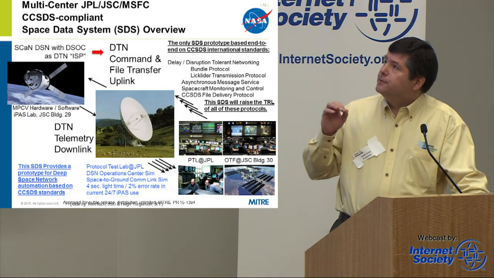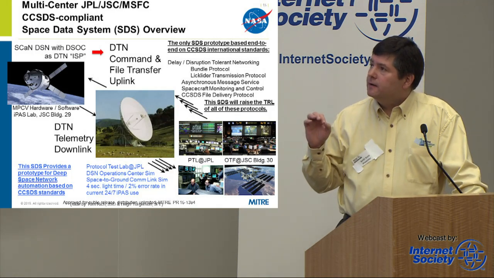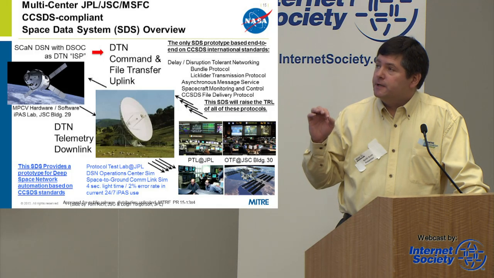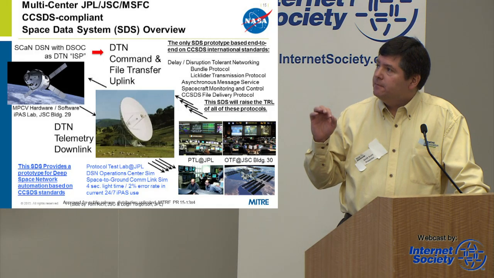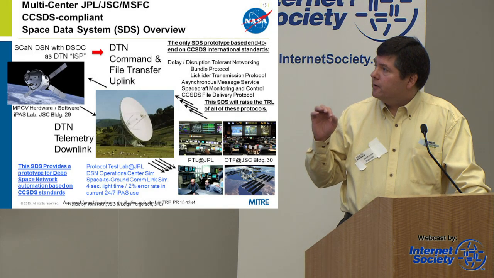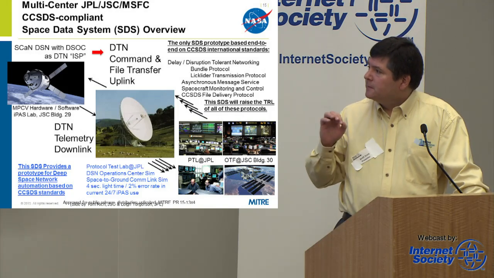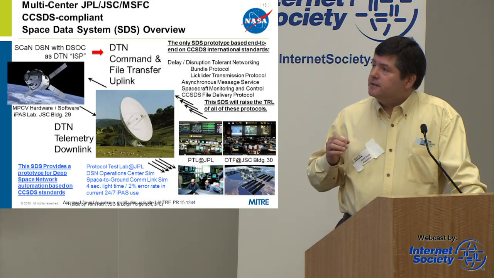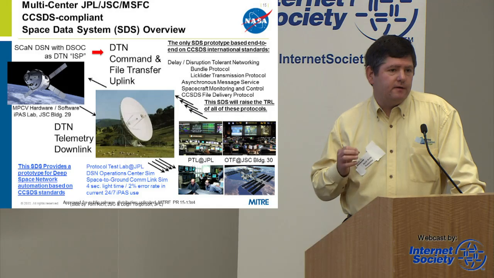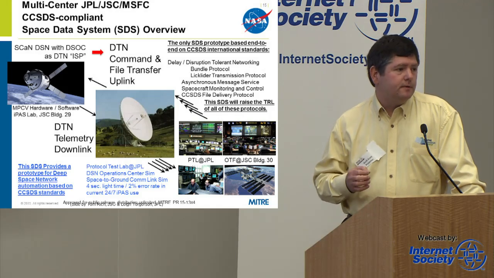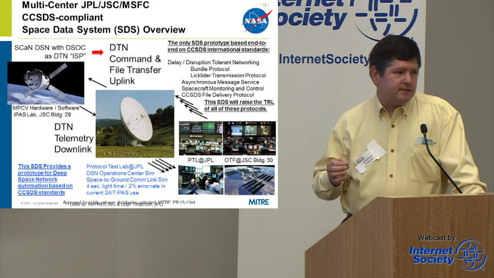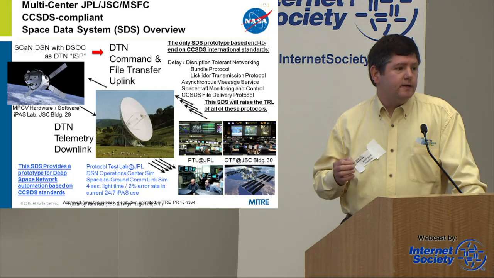So, this is some work that's been going on in various places, in the IPAS lab at JSC and the protocol test lab at JPL. What they did was essentially build up a spacecraft monitor and control system that was completely based on CCSDS protocols, including DTN.